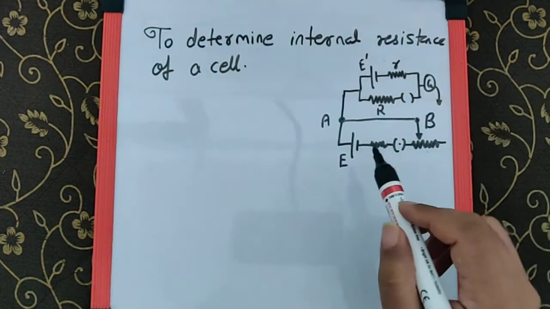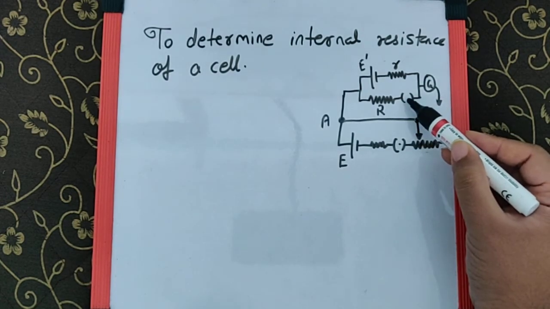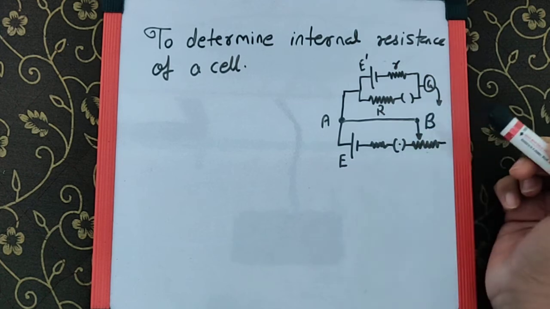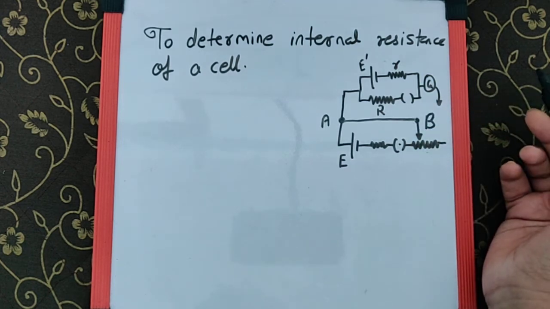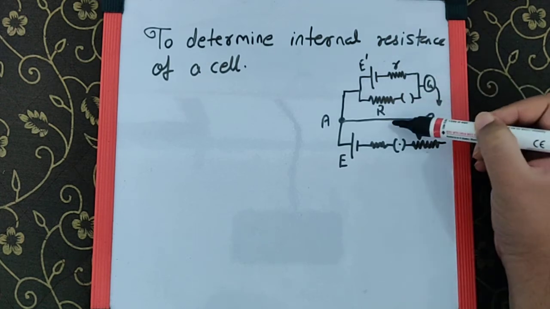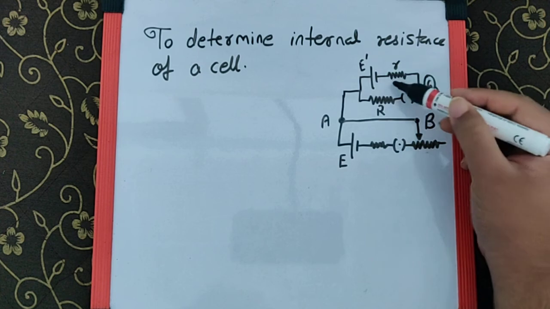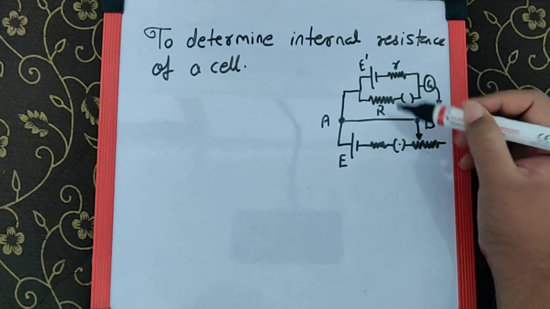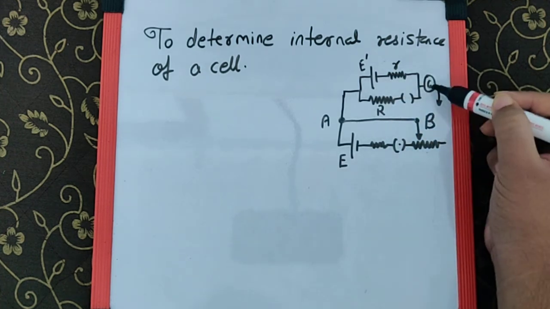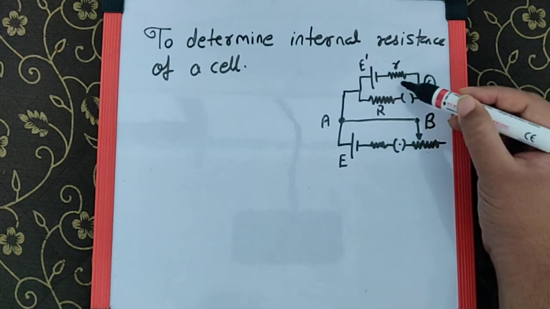Now if you concentrate, as long as I do not connect this key, this particular circuit is as good as a normal potentiometer, where E dash can be measured using the null point, where the small r will have no effect, because at the null point there is no current flowing through this branch, which results in no potential drop across this internal resistance.